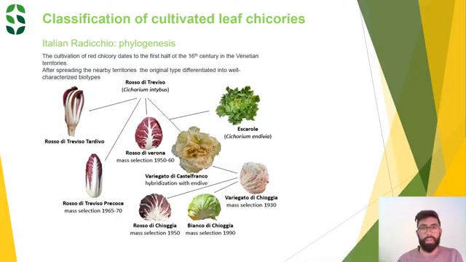And then two lines of selection started from the Variegato di Chioggia, one choosing the plants without dots, so just white plants, obtaining the Bianco, that means white, di Chioggia, and the most known Rosso di Chioggia, choosing the plants with a lot of red dots till obtaining completely red plants.